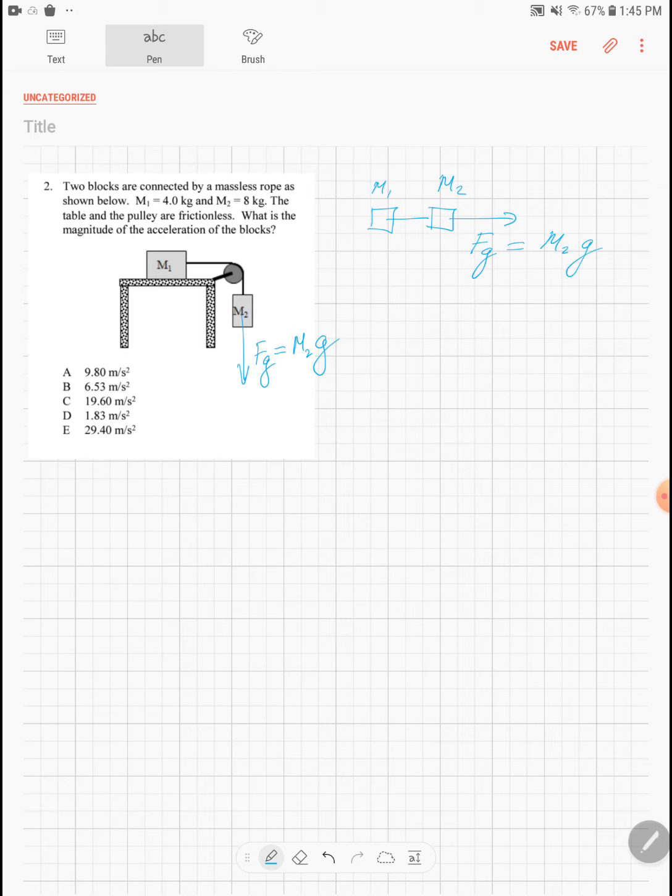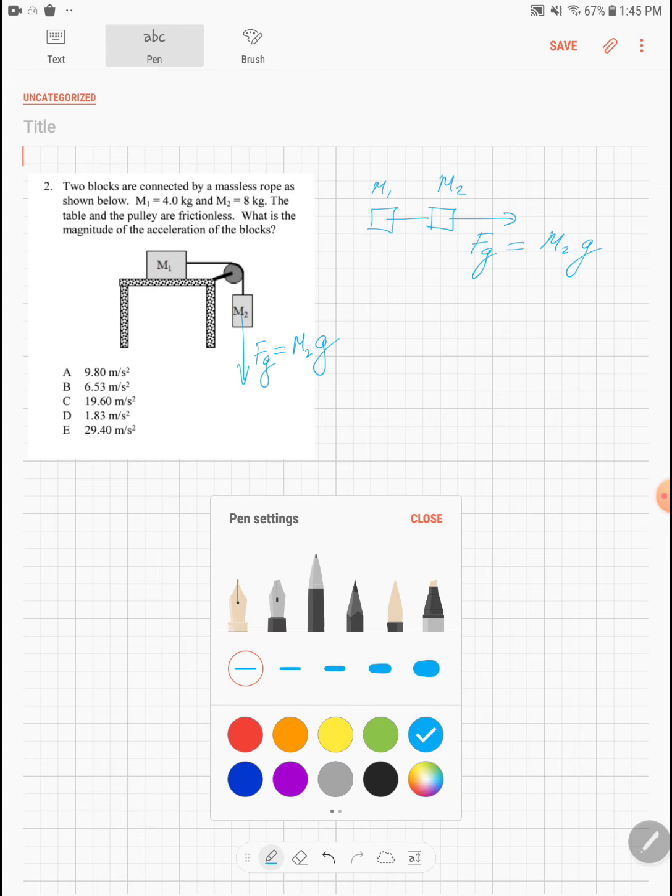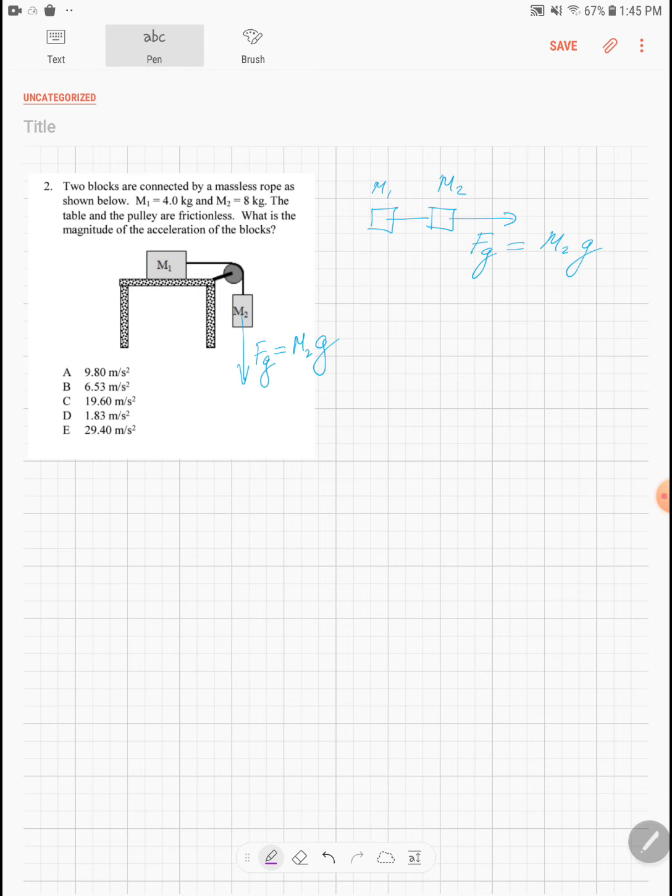So now I can join this system into a single one, with the total mass M1 plus M2, and consider Newton's second law for this system. It tells me that the total mass times the acceleration of this system in the x direction, let me define the x direction over here, equals the net force which acts on this system in the x direction.